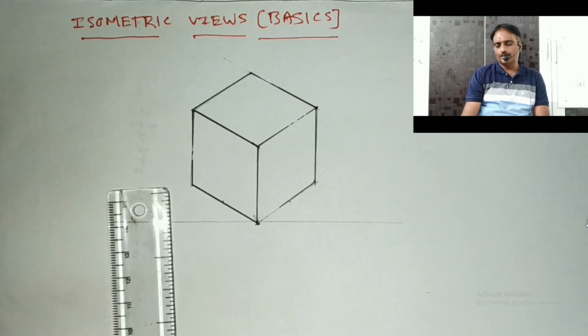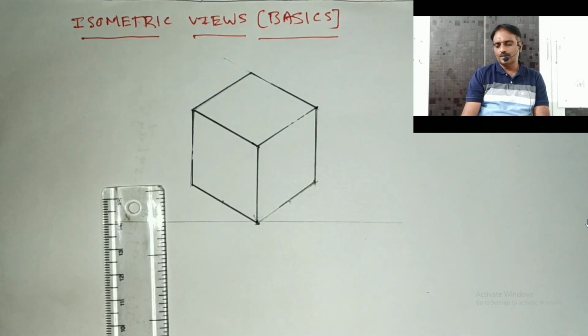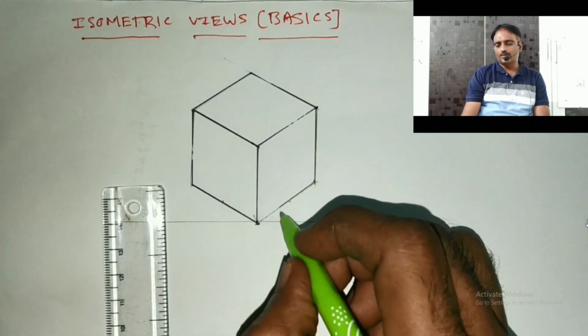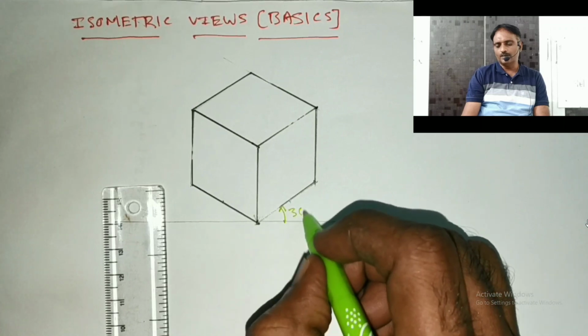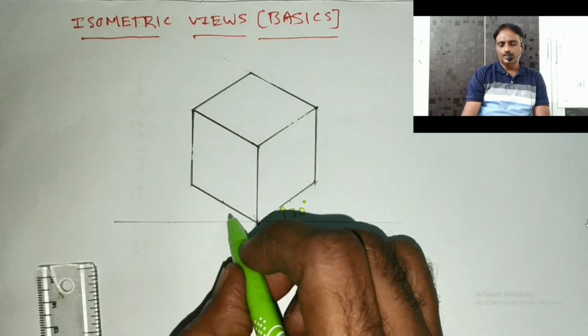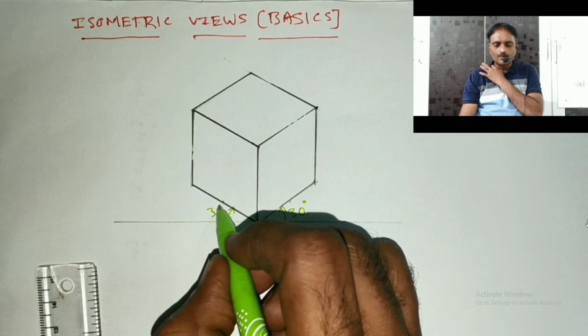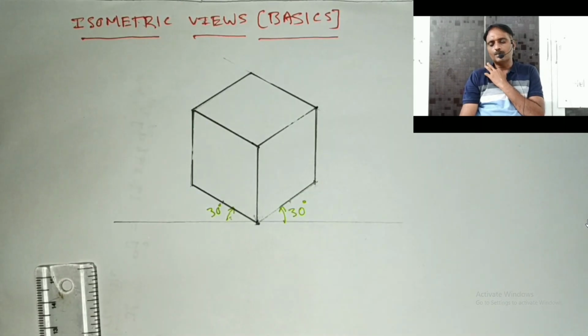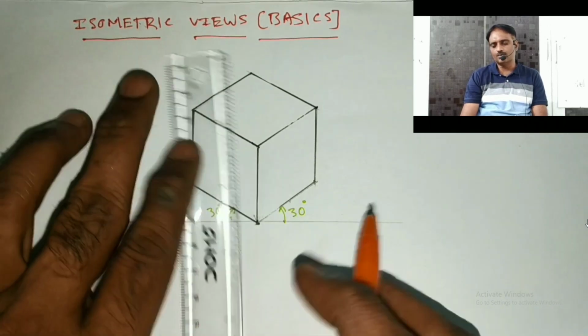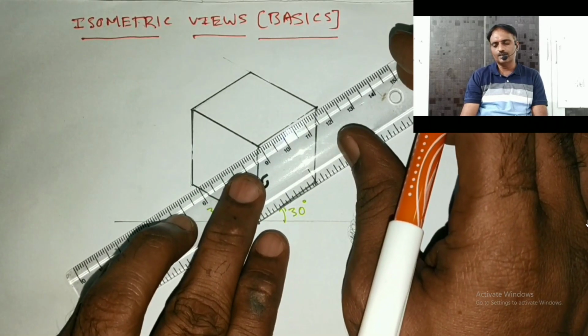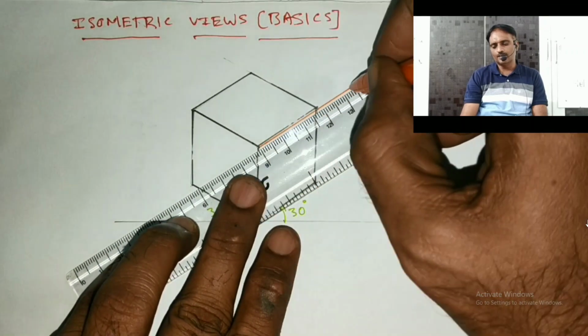So that is the x axis making an angle of 30 degrees, and this is y making 30 degrees. Let me represent the three axes here. This will be considered as the x axis, and this will be considered as the y axis. This is the z axis.